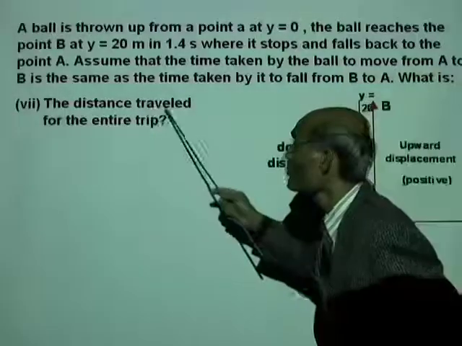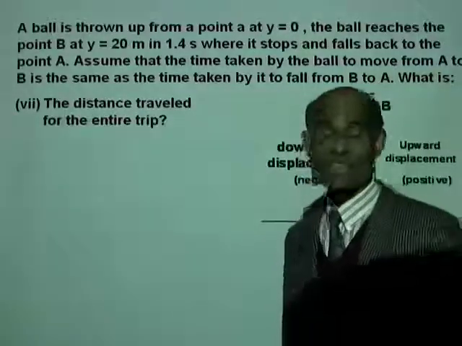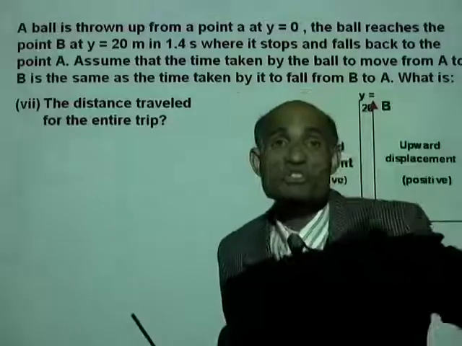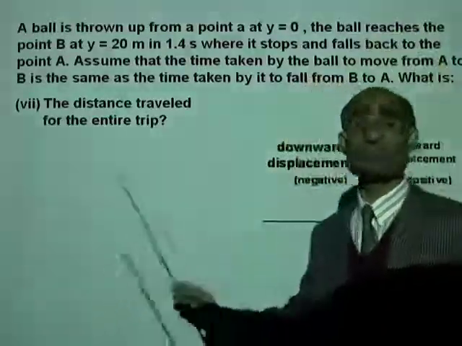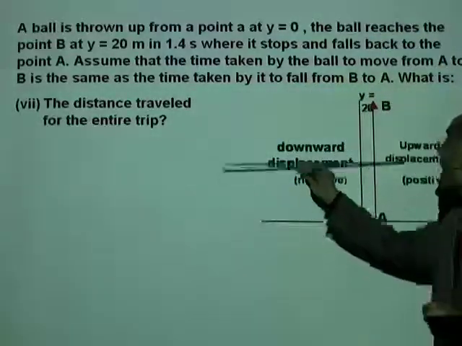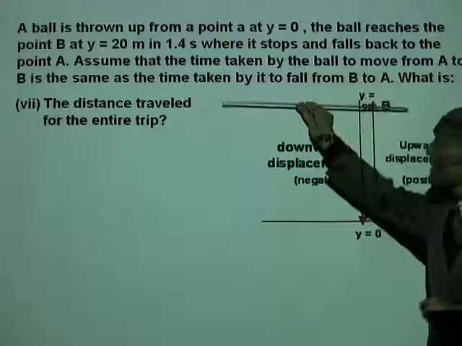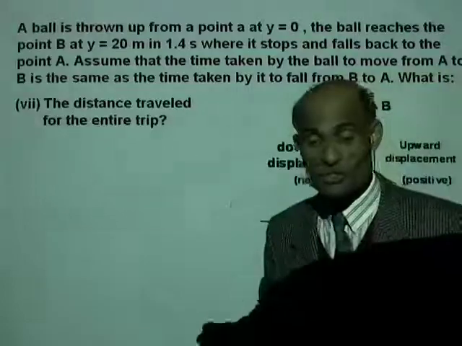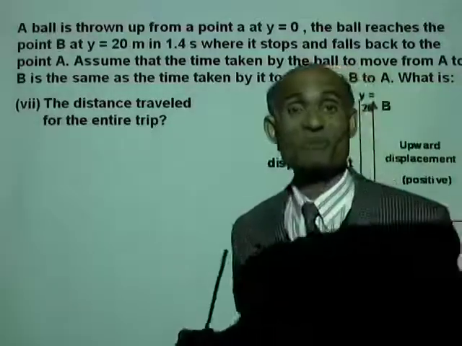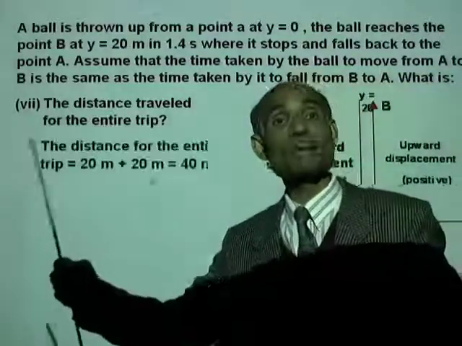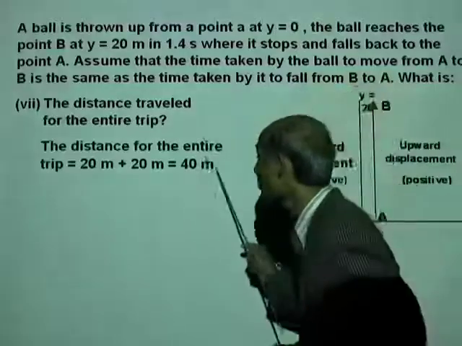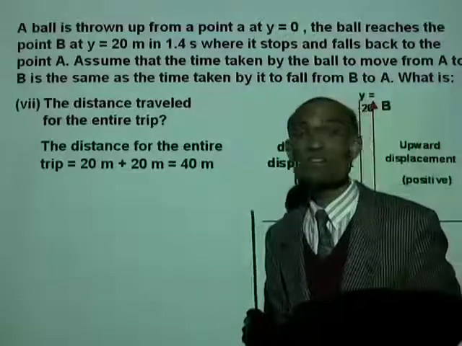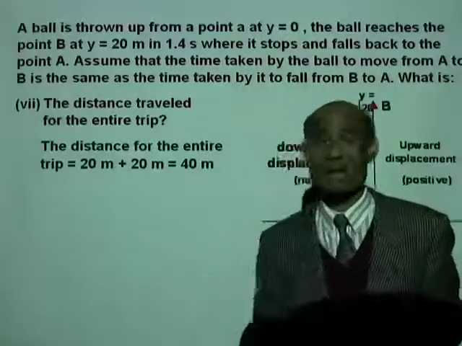What is the total distance traveled for the entire trip? The distance traveled upward is 20 meter. Distance traveled downward is 20 meter. So the total distance traveled will be 20 plus 20, that is 40 meter. And what is the time taken for that to happen?